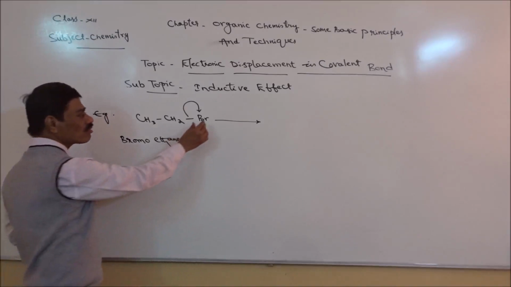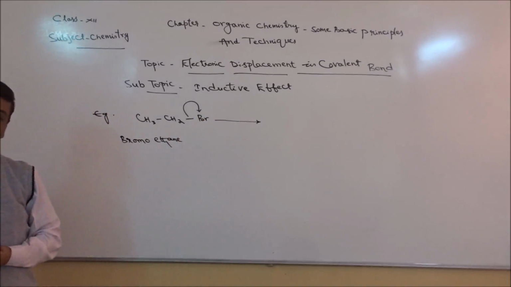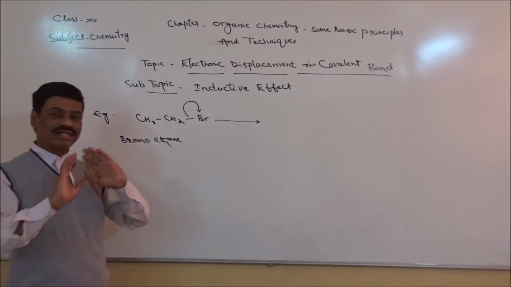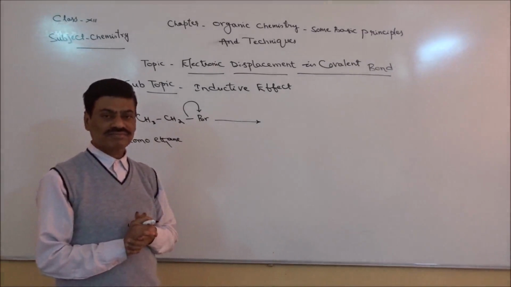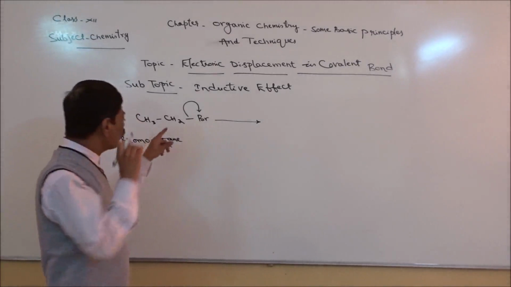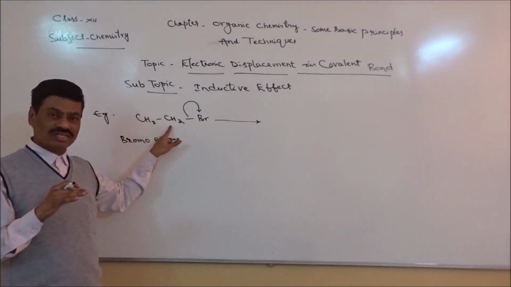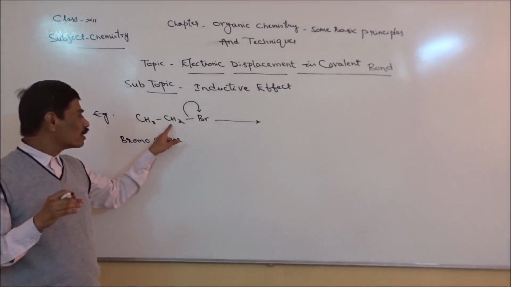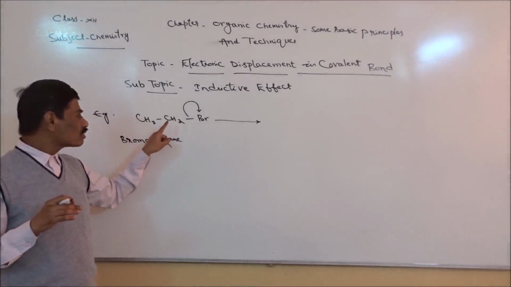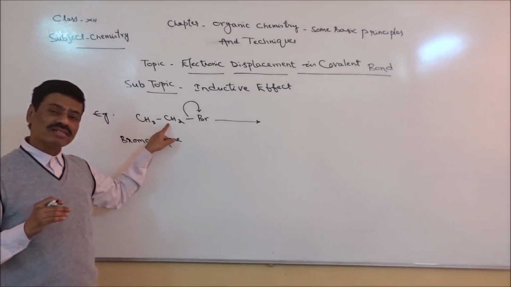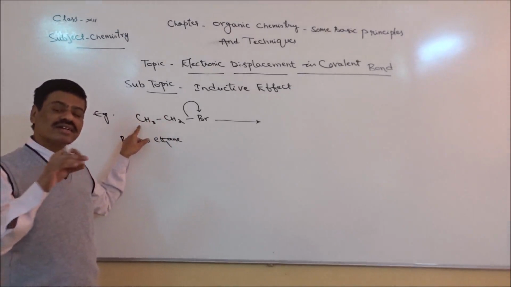Means Br will not be separated from ethyl group. That is why Br will not get completely negative charge. It will get little negative charge, right? And this carbon atom will not get completely positive charge because of movement of this electron pair towards Br. This carbon will get little positive charge. Second carbon atom will also get little positive charge.